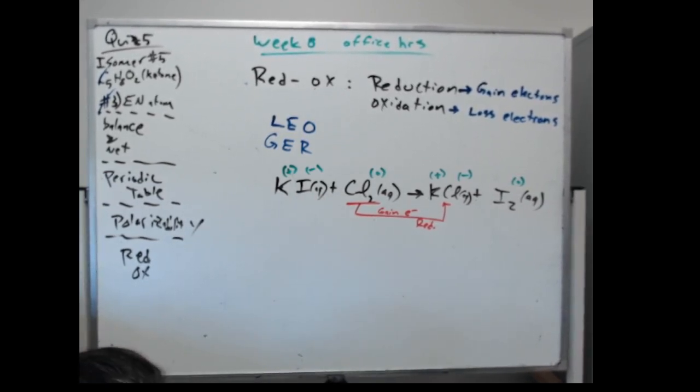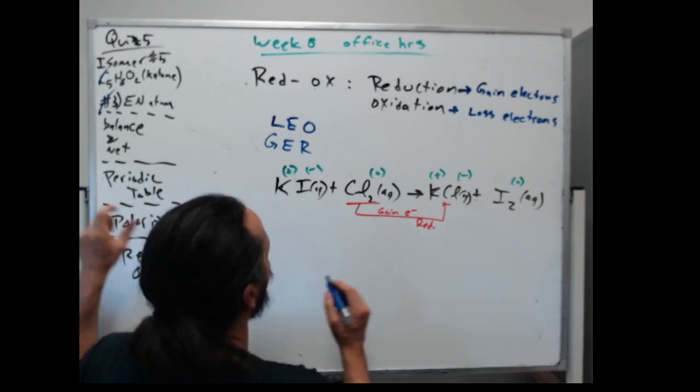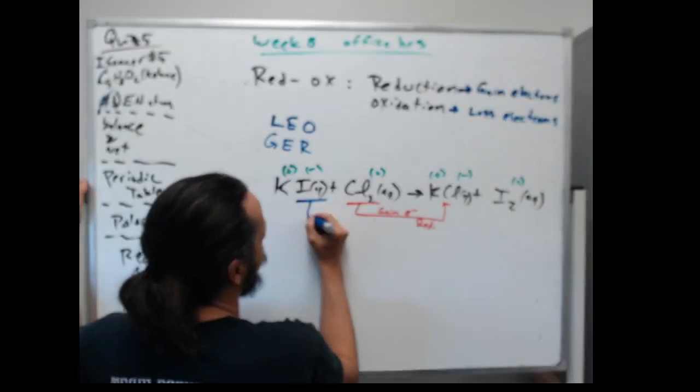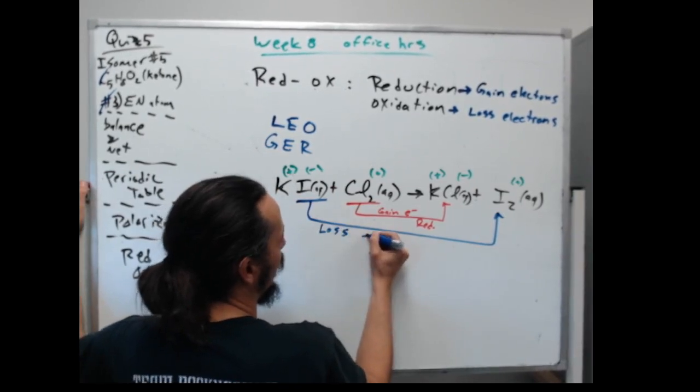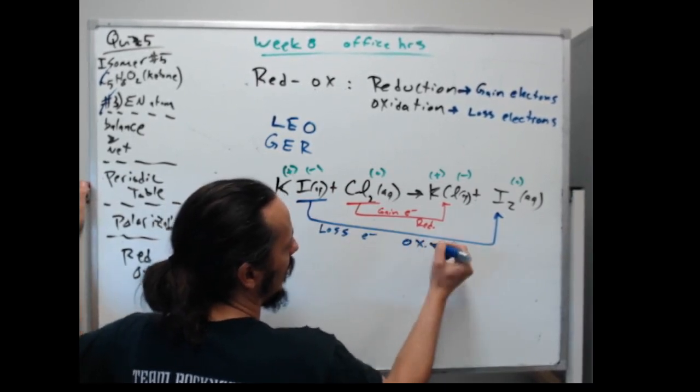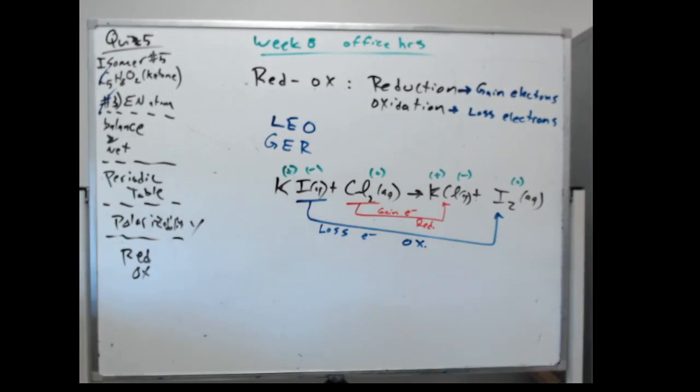Cl minus is the common charge of chlorine because it's got that one valence opening. Right? All of these ideas start to connect to each other. We've also got iodide here becoming iodine, where it lost an electron. It got oxidized. So in this situation, we've got our thing being oxidized, our thing being reduced.